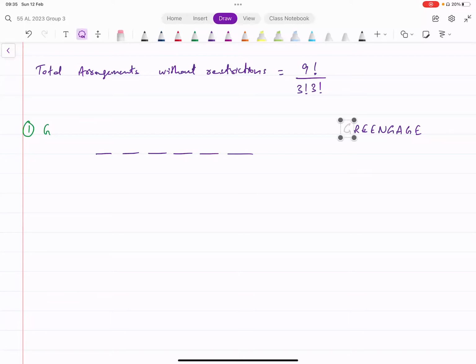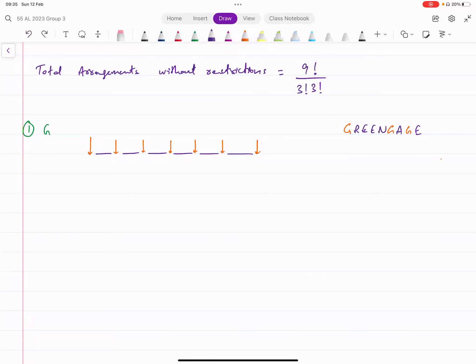Okay, these are all those letters. So everything apart from the 3 G's. All right. And now in the gaps that we have in the middle, we want to place those G's now. We can place those G's here. Okay? These G's can be placed here.